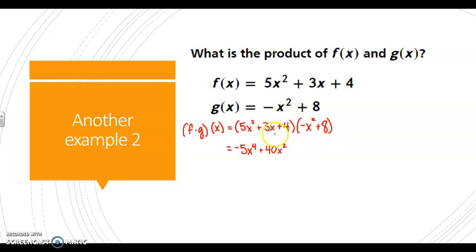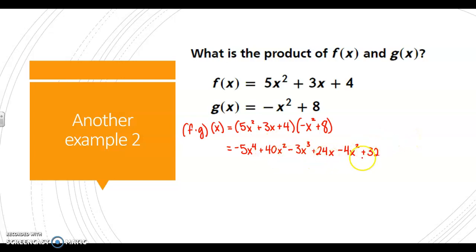So we have 3x times negative x squared, so that becomes negative 3x cubed, because when we're multiplying x's together, we add their exponents. So we have minus 3x cubed, and then we have 3x times 8, which gives us 24x, and now we move on to multiplying this 4 by both terms. So 4 times negative x squared, negative 4x squared, and then 4 times 8, which gives us 32.